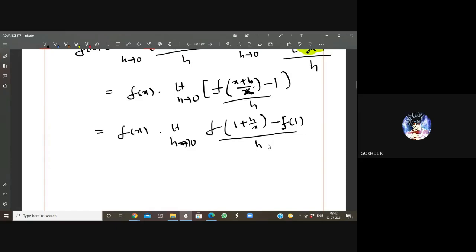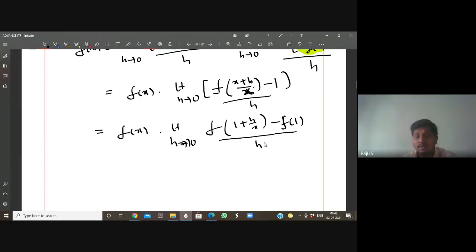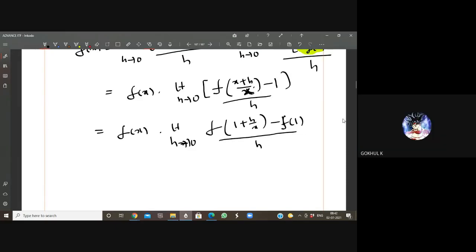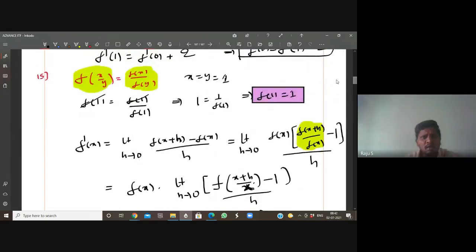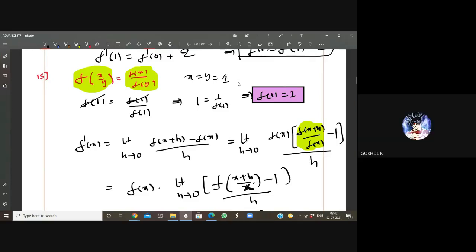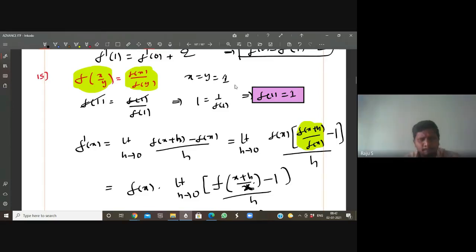But it is our assumption only, sir? Yes. So we have assumed x equal to y, so only we got 1. So what is f of 1 value? That all I am replacing. f of 1 value we got. Anyhow, you can make an assumption according to the problem. Even you can take x is equal to y is equal to 2 also.